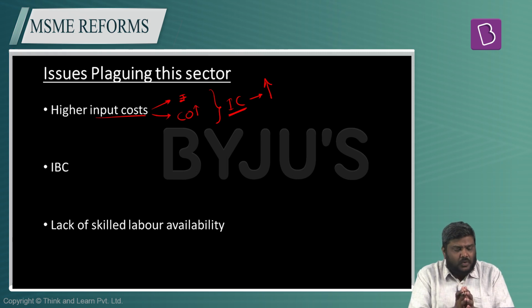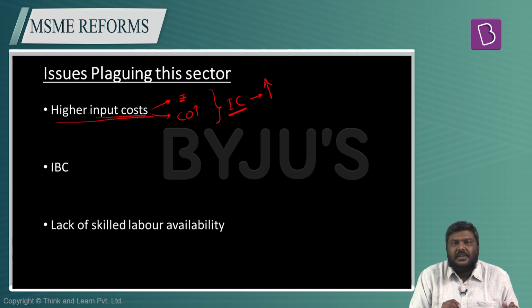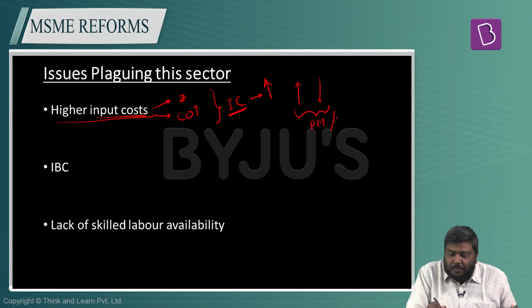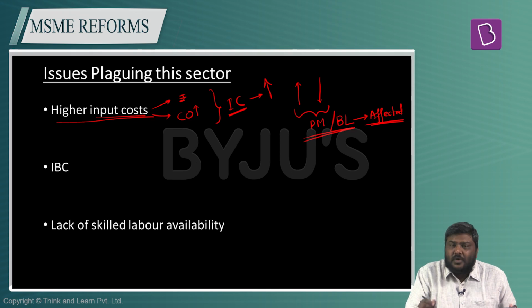All of these are leading to what? Higher input cost. And when there are higher input costs, their sales are getting hampered, and their profit margins or bottom line will also get affected. This is pushing more and more MSME units into stress.